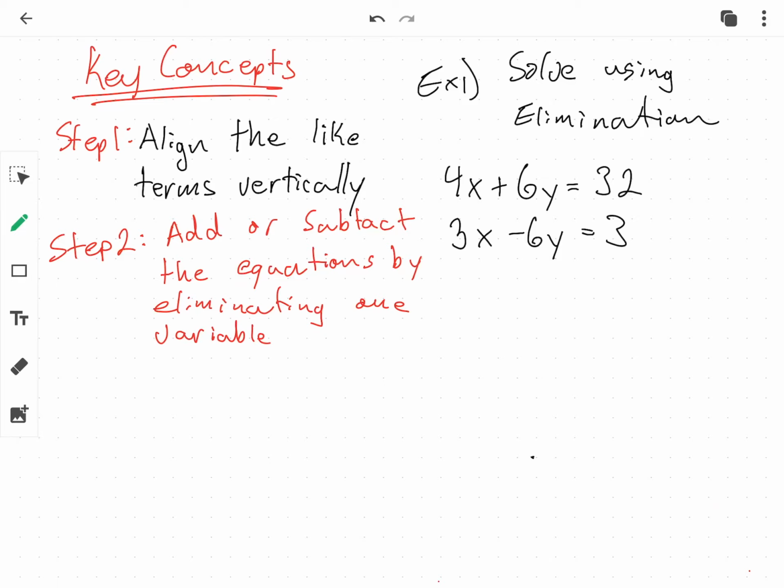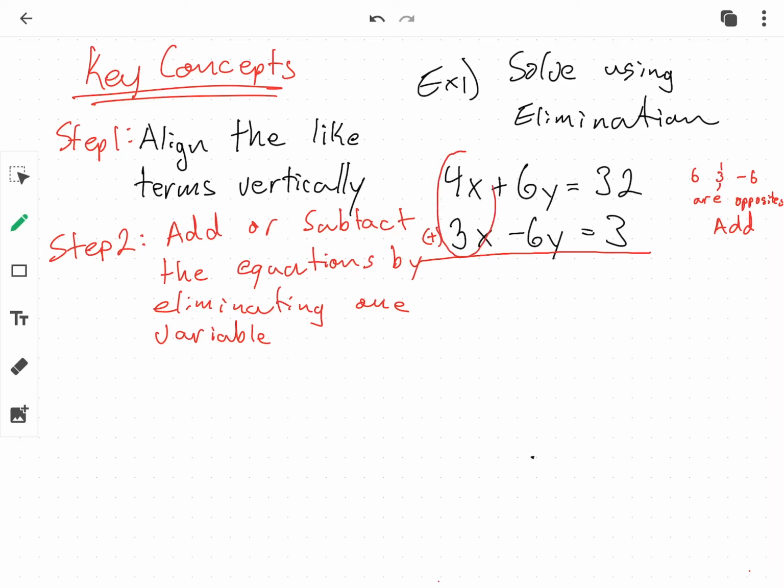Okay? So in this case, we are going to add the two equations together because 6y and negative 6y are opposites. 6 and negative 6 are opposites. So if we have opposites, we add. Okay, so in this case, we are going to add the two equations together.